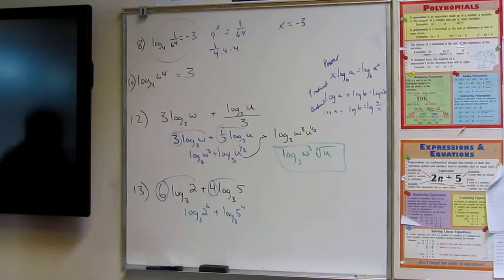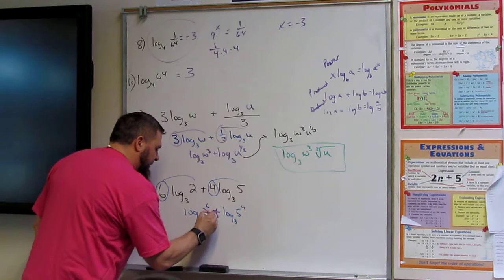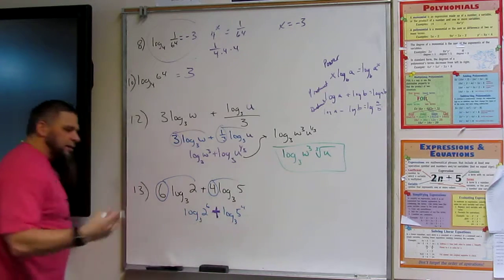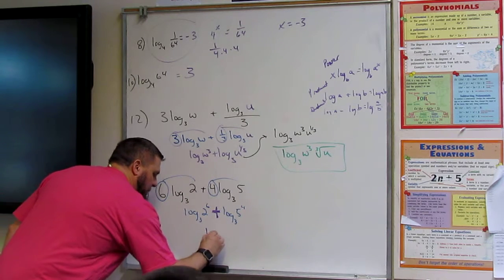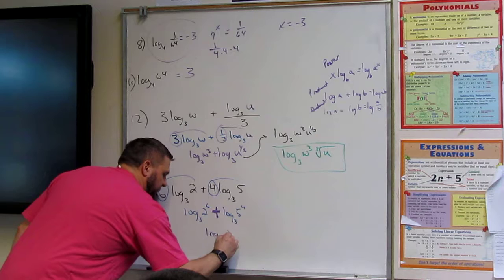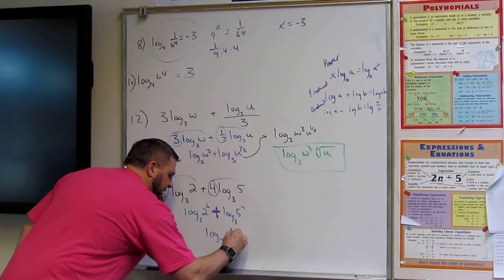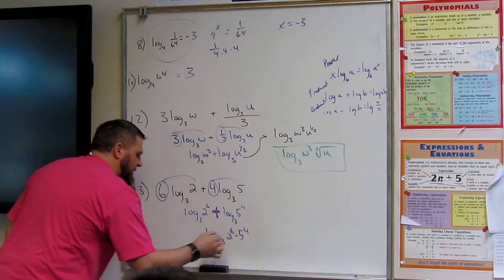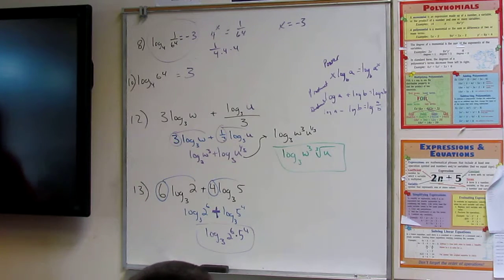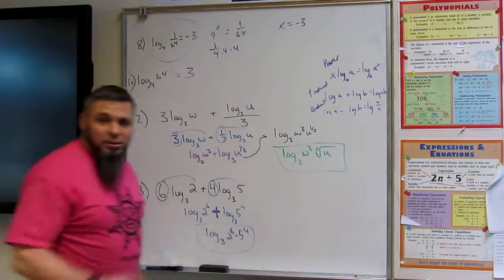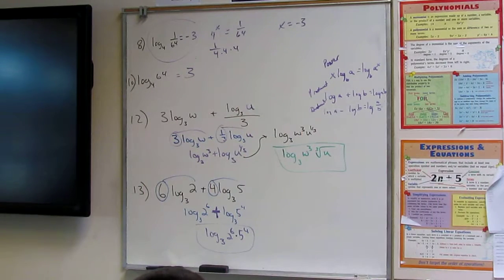And then this addition sign right here, I'm going to make that into multiplication. Log base 3 of 2 to the 6th times 5 to the 4th. And you can make that a big number if you want, but you can keep it like that too. Ta-da! That's it. Done. Should be getting a little easier.